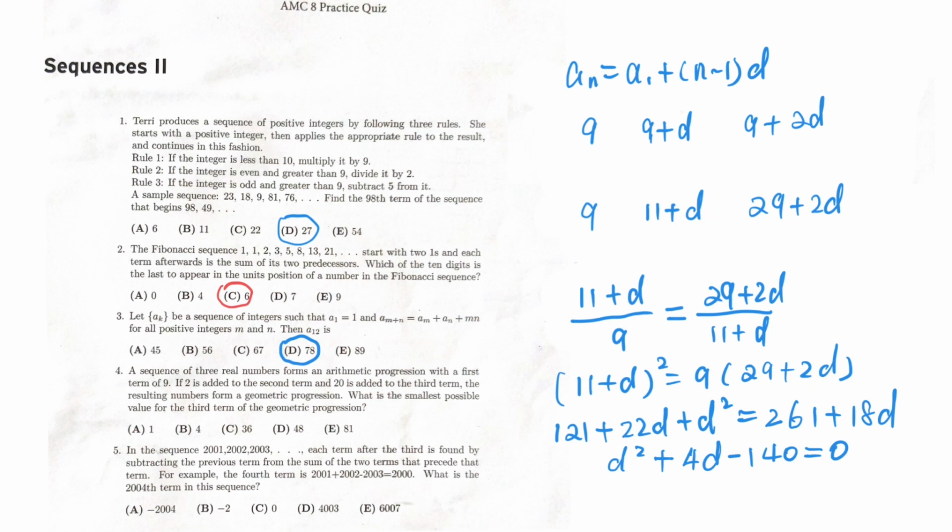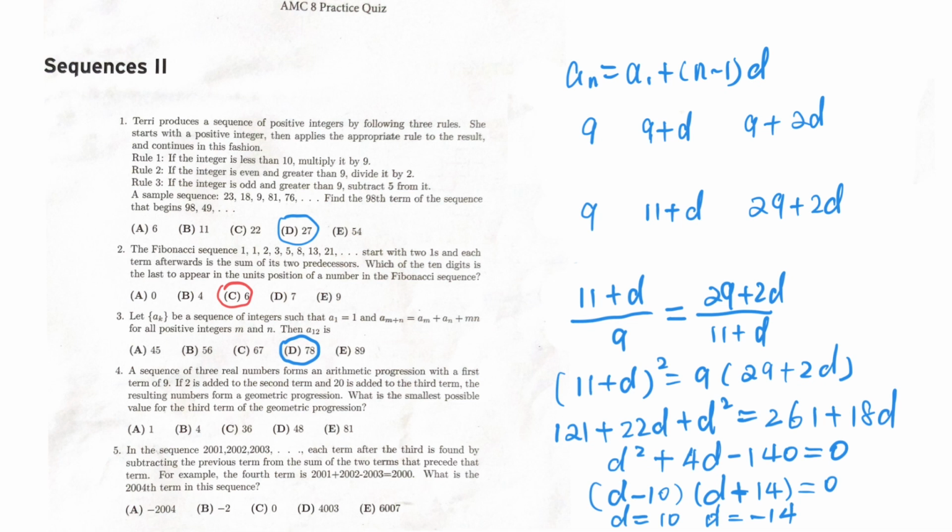So now we solve the quadratic: D minus 10 and D plus 14 equal to 0. And then D equals 10, and also D equals negative 14.